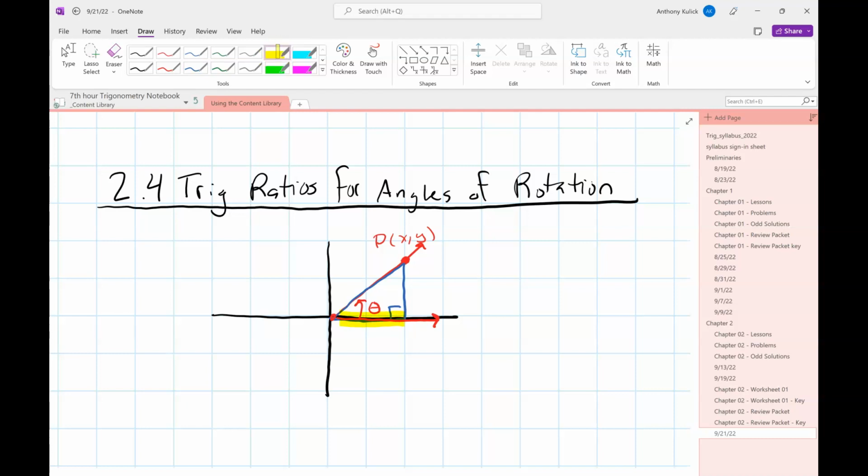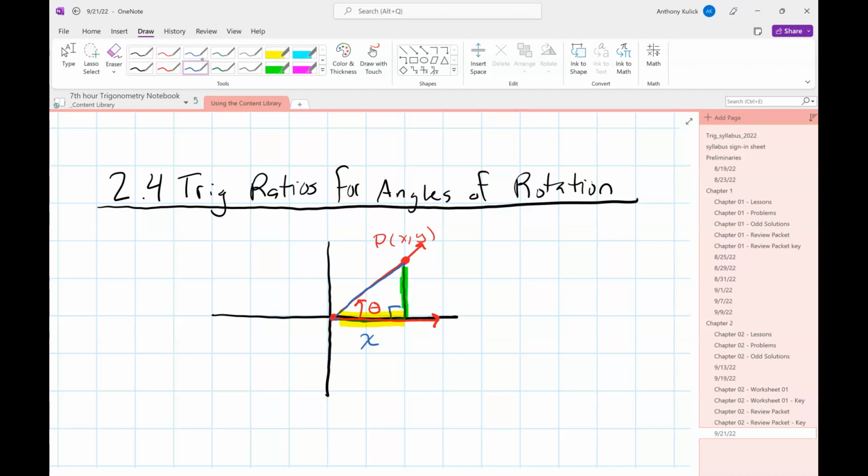So what should I write for the side length here that I've highlighted in yellow? Ryan? Great, so I'll call it x. And what should I name this side here that I've highlighted in green?